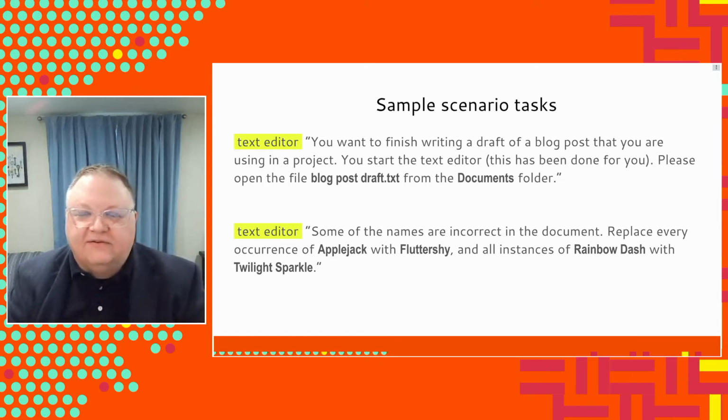It was pretty long, and so if you wanted to try and scan through the document and find each name on your own, go for it. That would tell us one thing. Maybe some people prefer to do that. If people want to do Control F to just highlight the instances and again change them on their own, that'd be fine too. But most testers just went for find replace because they're like, that's going to be the easiest to do. And so that's a scenario task.